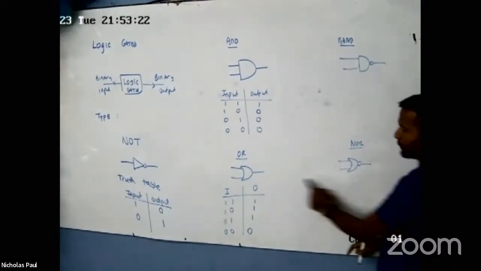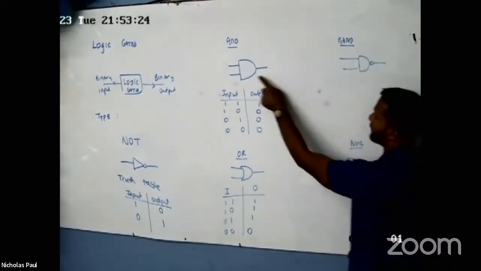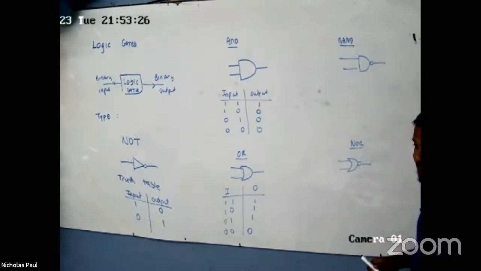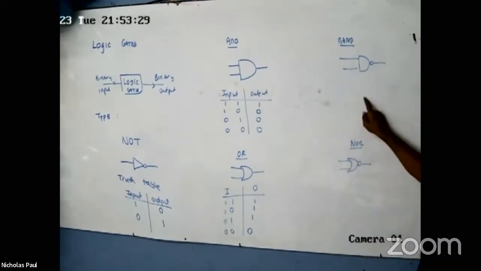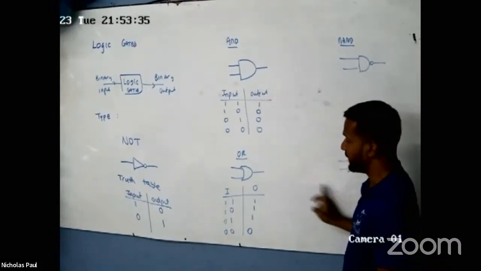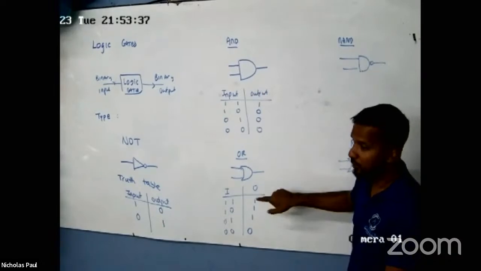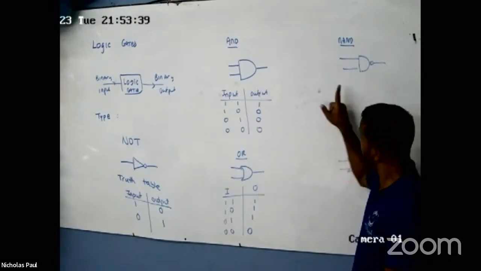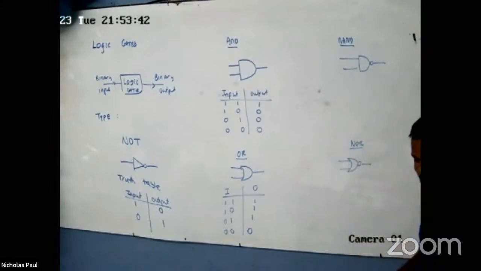This is the opposite of this. This is the opposite of this. So my challenge to you is write a truth table. Listen to what I said again: this is the opposite of this, and this is the opposite of this. So I would like you to draw the truth table and try it from online.